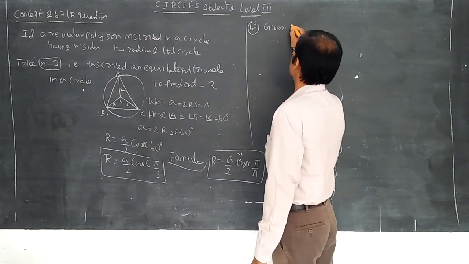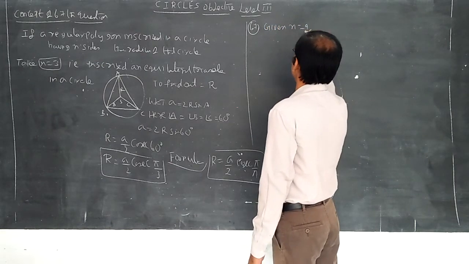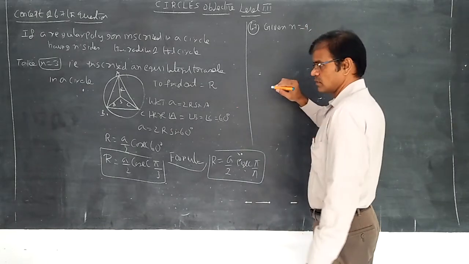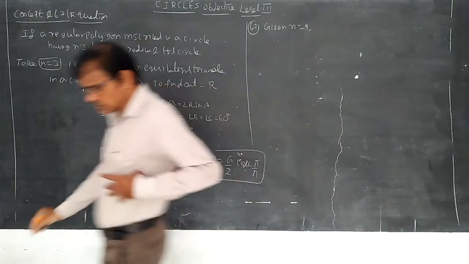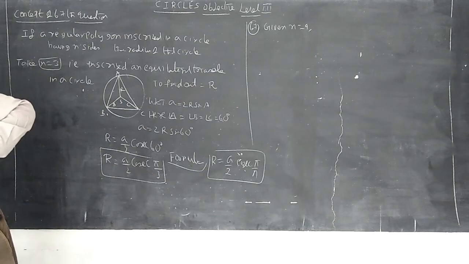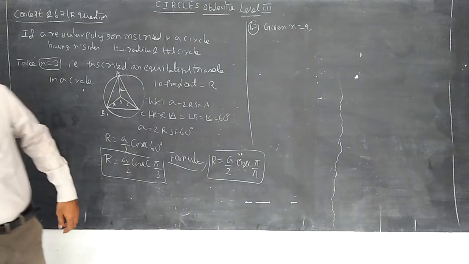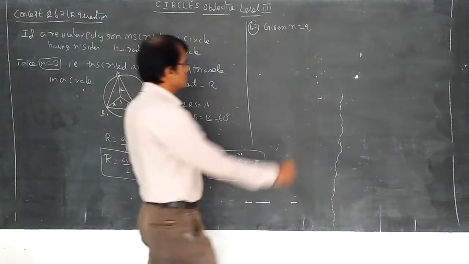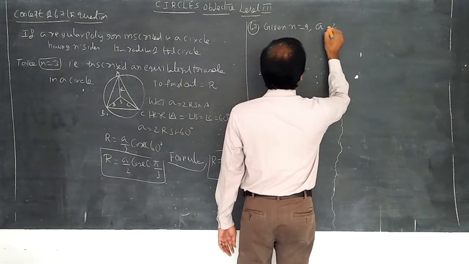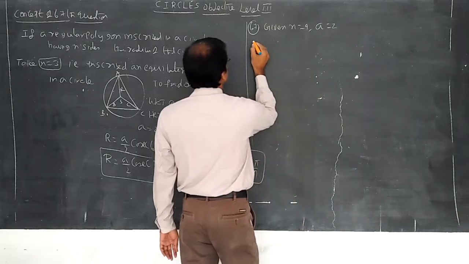Now I want to discuss the given question. Read the question carefully. Given n is equal to 9 sided polygon, where the length of each side is equal to 2, inscribed in the circle. Then what is the radius? So small a is equal to 2.